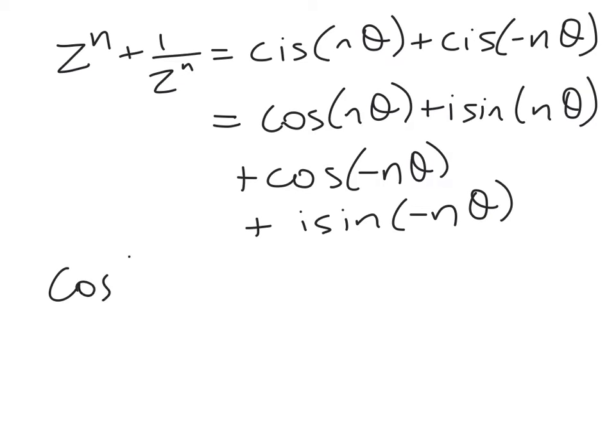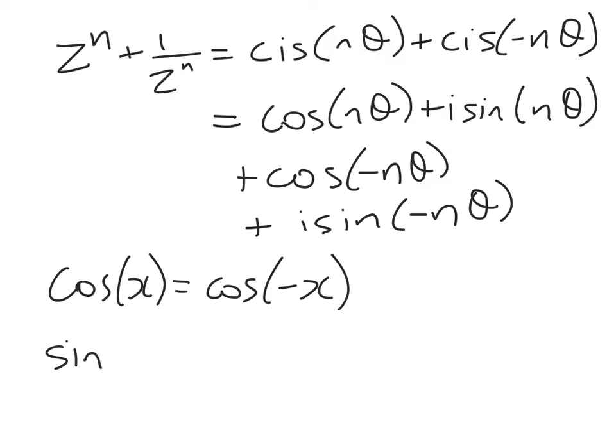Right, cos of x is equal to cos of negative x. Cos is an even function. And sine of negative x is equal to negative sine of x, because sine is what we call an odd function.